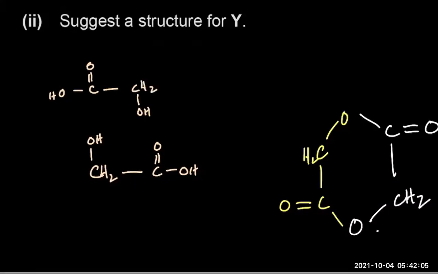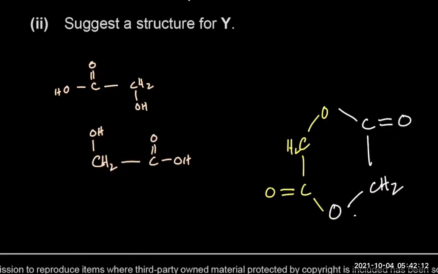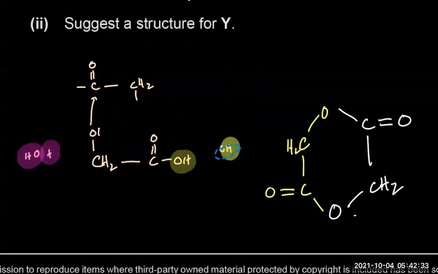Now we know for a fact that the OH group loses a hydrogen and the acid group loses an OH. That's one ester linkage. And for the other ester linkage, again, this guy loses a hydrogen and this guy loses an OH. Okay, so these are the two water molecules that are formed.